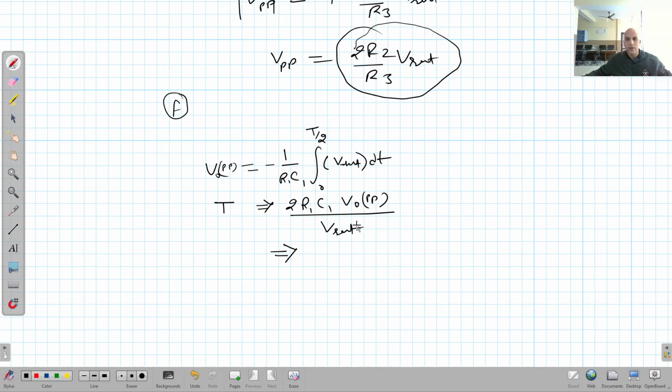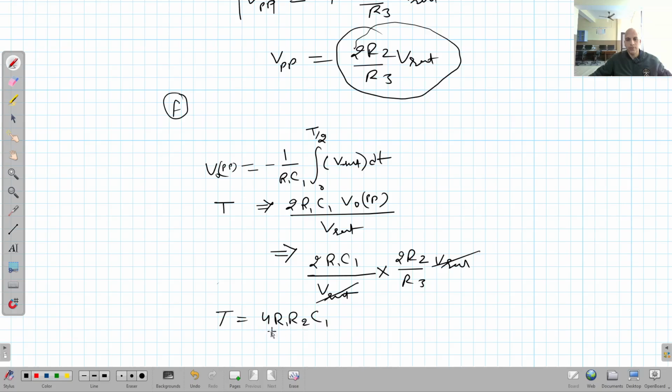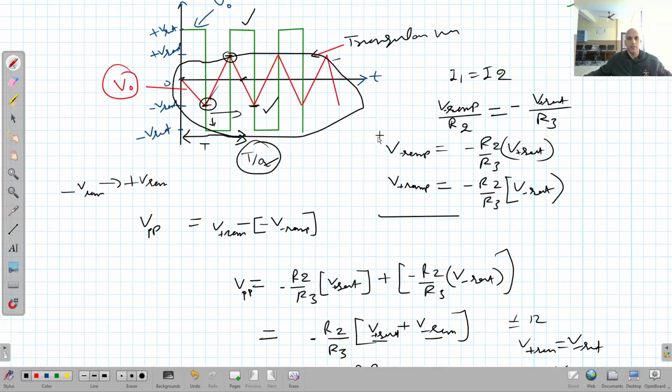Now putting the value of V output peak to peak, you can write 2 R1 C1 upon V saturation into 2 R2 upon R3 into V saturation. V saturation gets cancelled. You get T equal to 4 R1 R2 C1 upon R3. This is the time period.